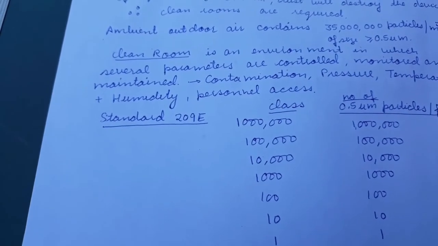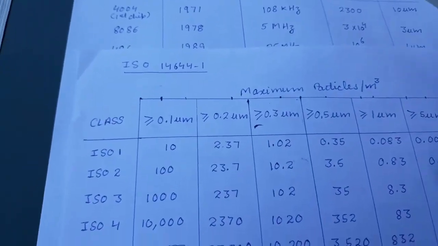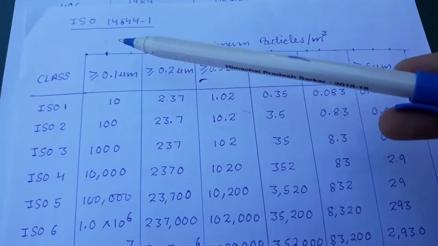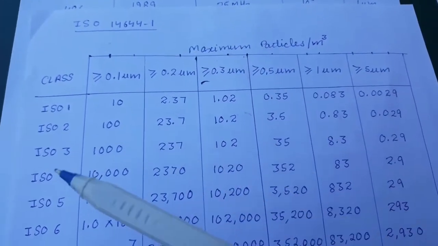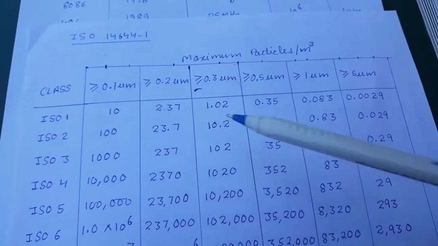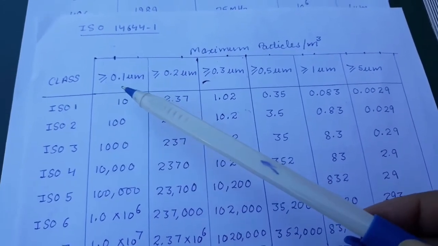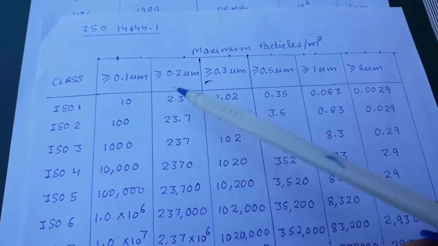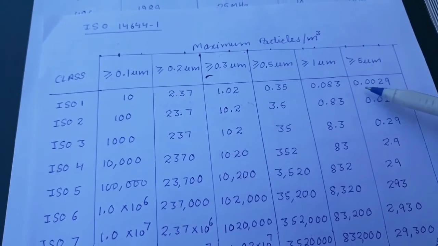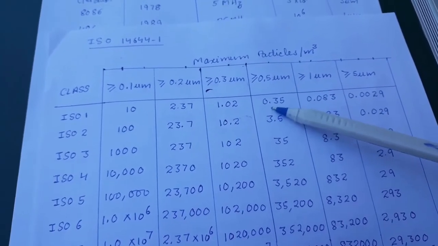But now the classification has changed, and the new classification is the ISO classification, of which I'll discuss ISO 14644-1. Here we are talking not only about the number of particles, but about the size of the particles as well. ISO 1 means that 0.1 micrometer particles will be around 10 in 1 meter cube, and 5 micrometer particles will be almost negligible. 1 micrometer is negligible. 0.5 is also negligible.